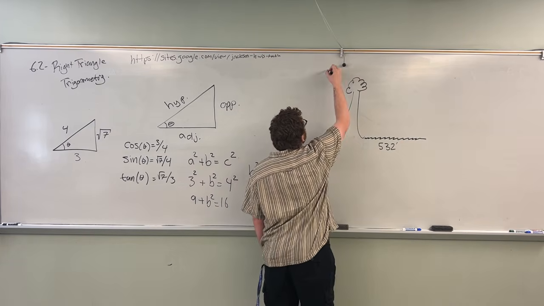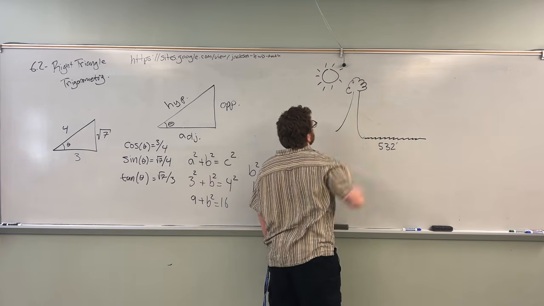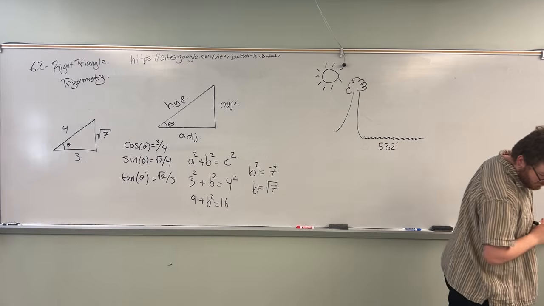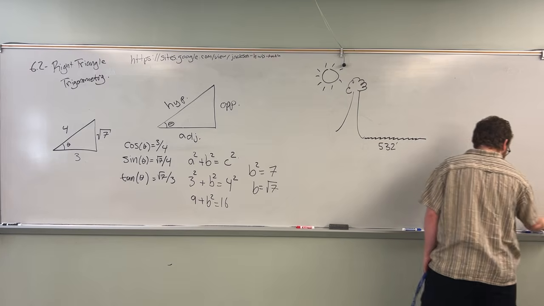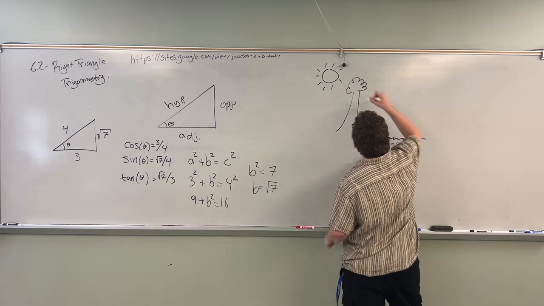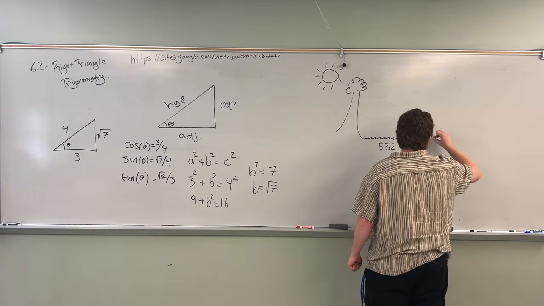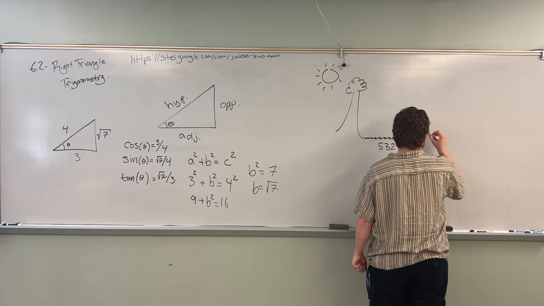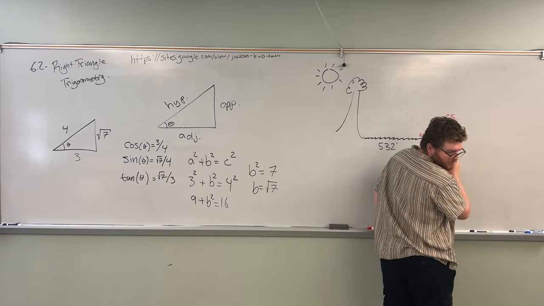And the sun, just beautiful, is at an angle of elevation of 25.7 degrees. I'm just pulling this from the book. I'll use this marker. That's terrible. So this is theta. Theta equals 25.7 degrees.